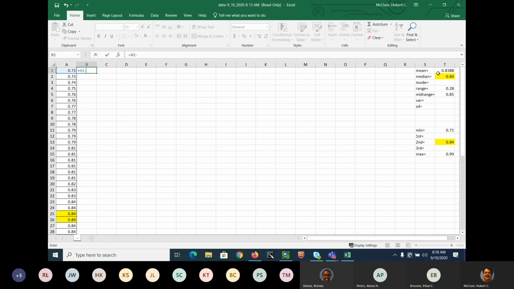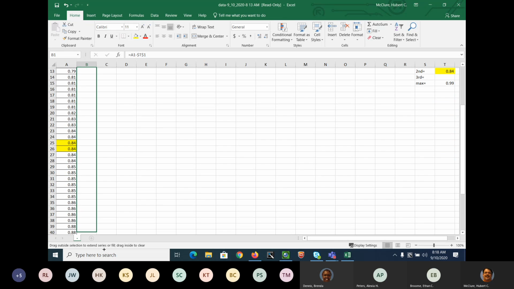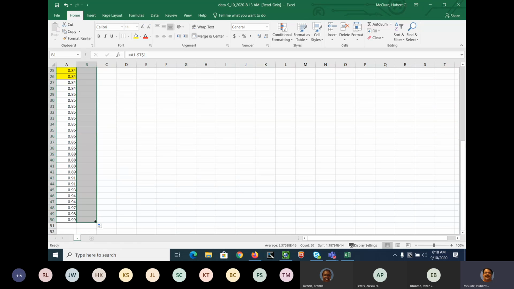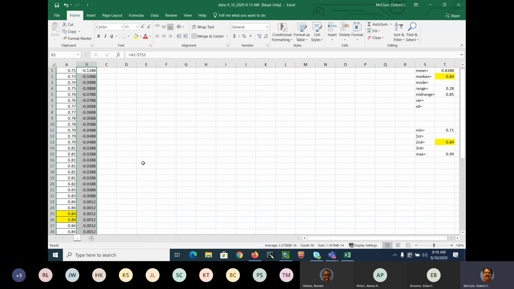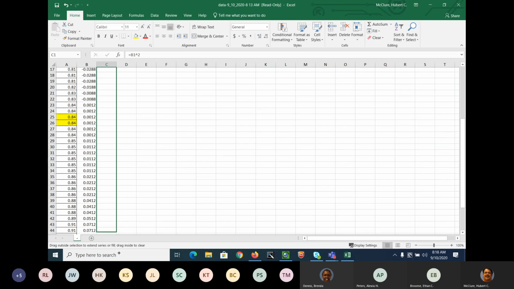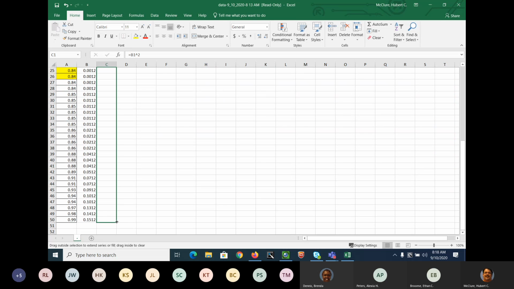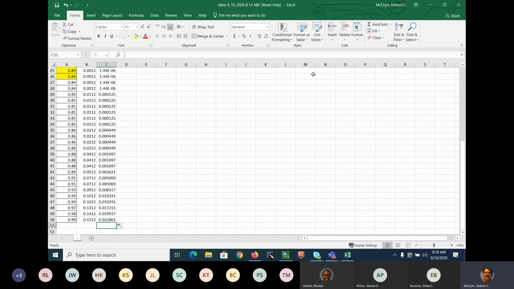to subtract the mean, function F4, and I'm going to copy that down. And I'm going to square it. Raised to the second power. And I'm going to add that up.